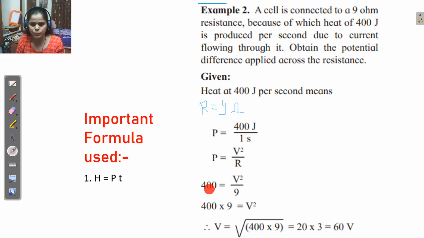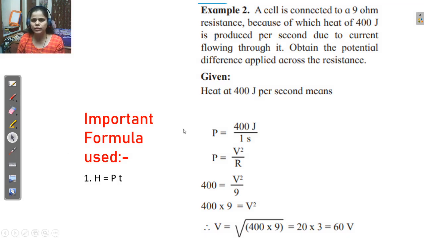Then cross multiply: 400 into 9 equals V square. So V equals the square root of 400 into 9, so 20 into 3, that means 60 volts. We had to obtain the potential difference, and our answer is 60 volt. Understand?